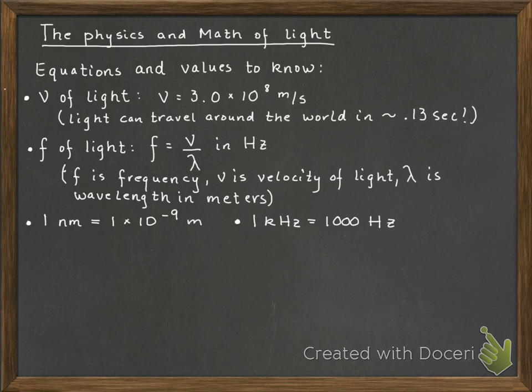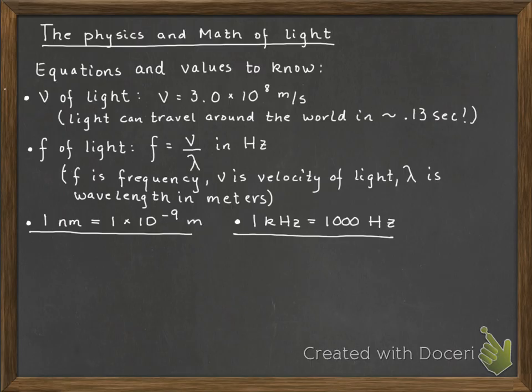Then we've got two conversions down here that will become very important in our work, because our wavelength needs to be in meters. Depending upon what we're working with, we may be given a wavelength in nanometers, which is our NM, and we would then have to convert it.